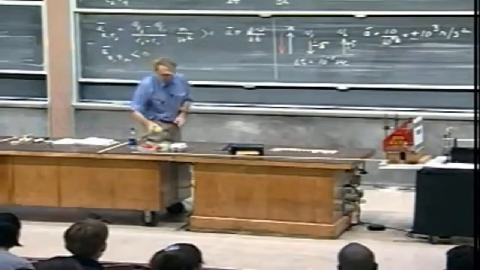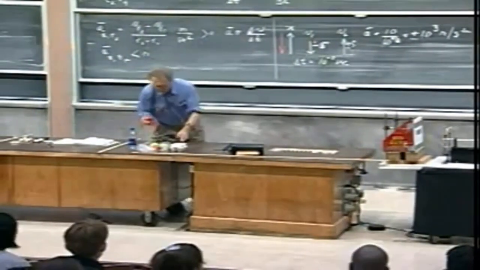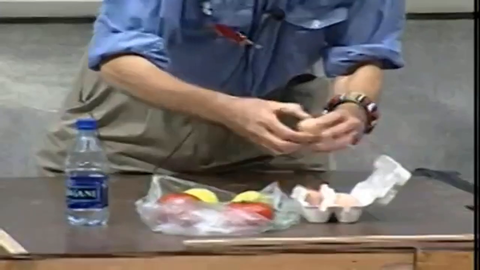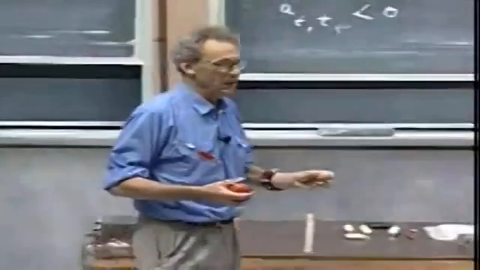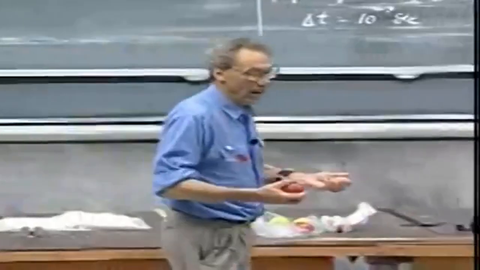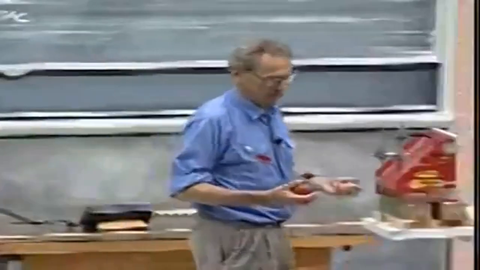I have also here a tomato, and I have here some eggs. Now, imagine that I throw the tomato down, or for that matter, the egg, and that they hit the floor at 5 meters per second. They would not come back up. They would go pfft.